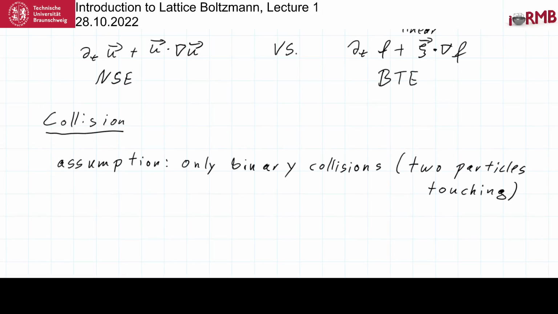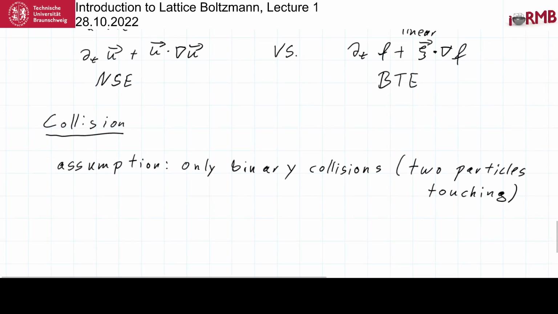So when two particles collide, they go either this or this way. They come in, they change their direction and they go out again. So they do this in 3-dimensional space.